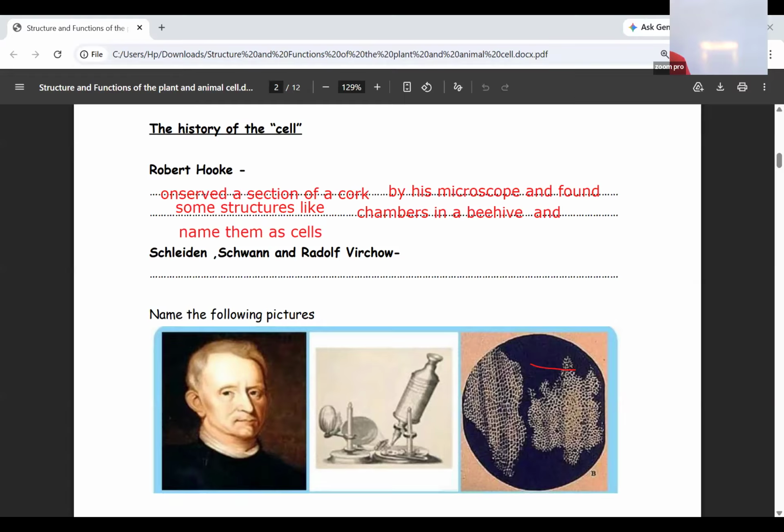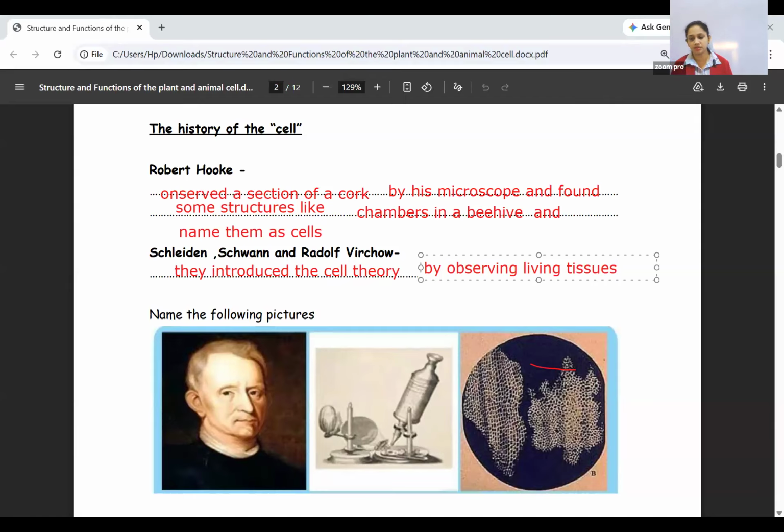Right, then we'll write, they introduced the cell theory by observing living tissues, right?